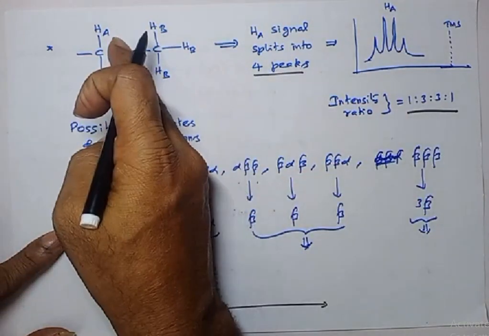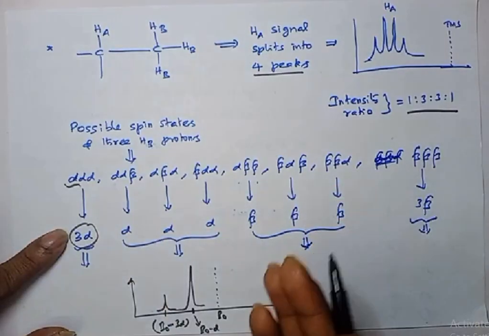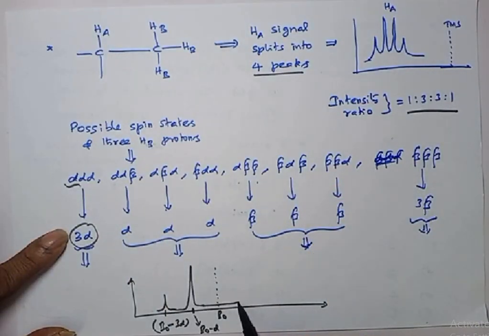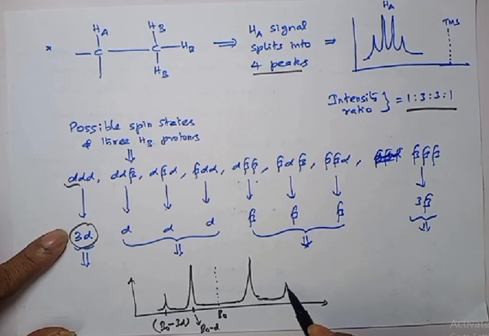Therefore, nucleus A feels a lesser magnetic field. In that case, we need to give more field to make the HA proton absorb. And there are 3 possibilities of these spin states, so we get a ratio like this. Then I have one more. So this corresponds to B naught plus beta, and this corresponds to B naught plus 3 beta.